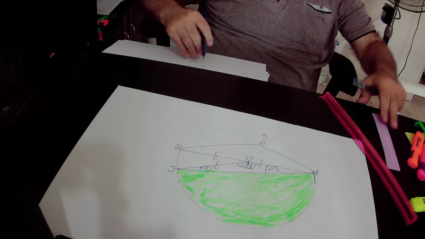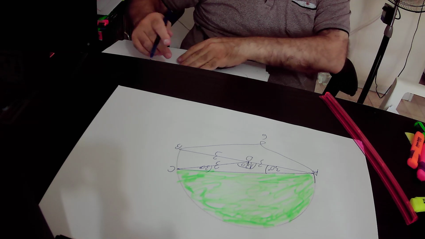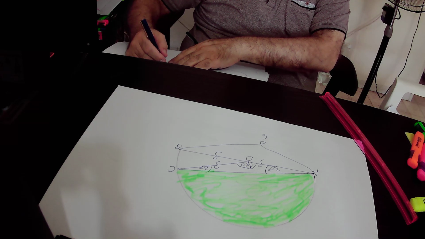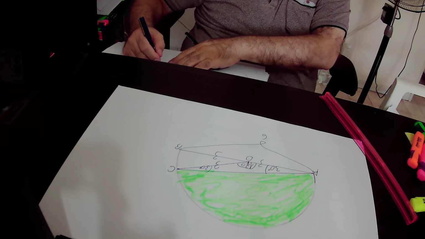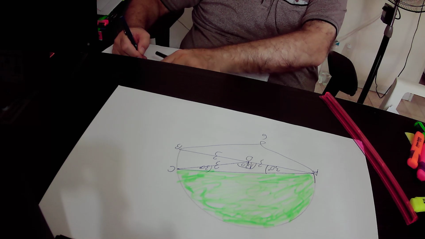We'll use the new formula in order to find out the area of triangle AOC. So I'll copy triangle AOC in the new page and we'll implement the new formula.